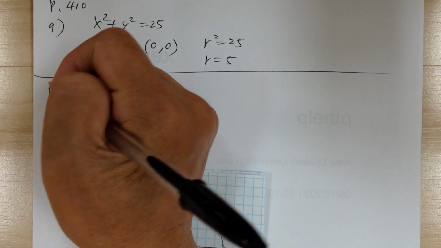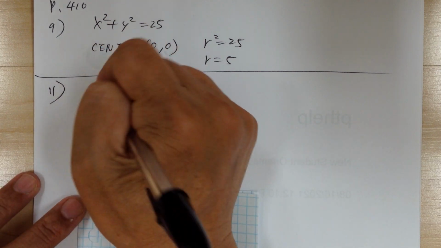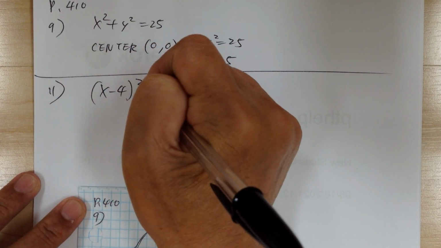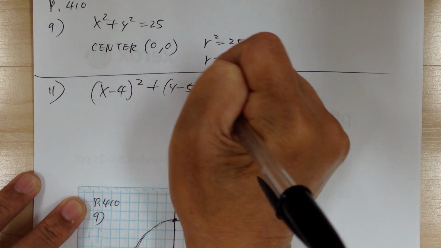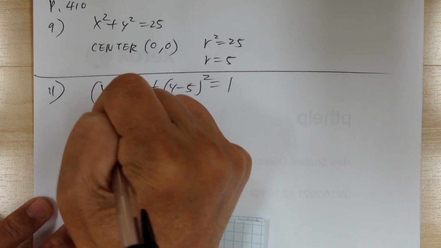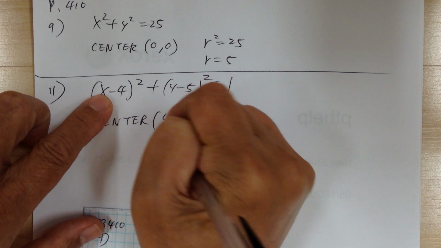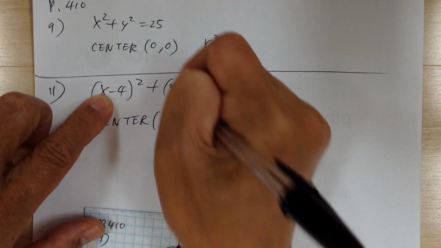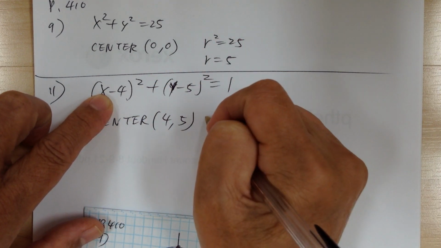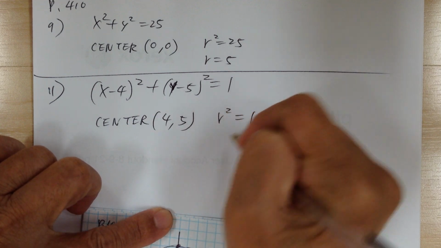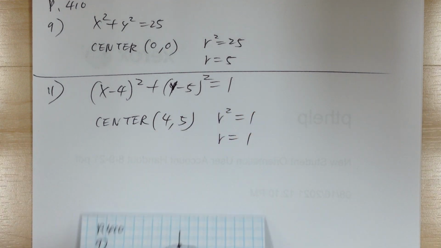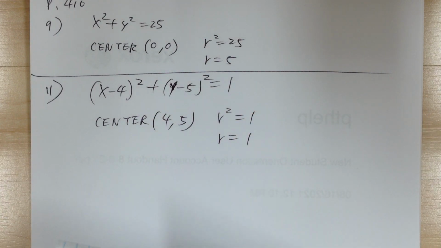Number 11. You have (x minus 4) squared plus (y minus 5) squared equal to 1. Your center is going to be at (4, 5), and your radius: r squared equal to 1, so r equal to 1. Let's go and do that.